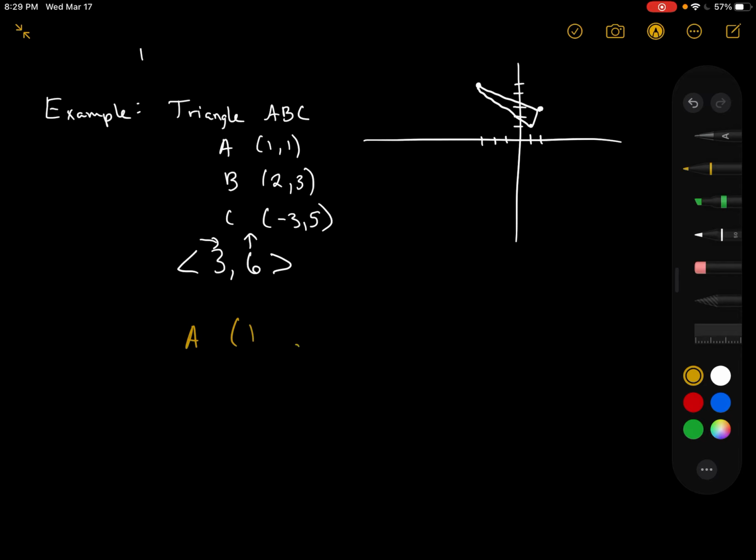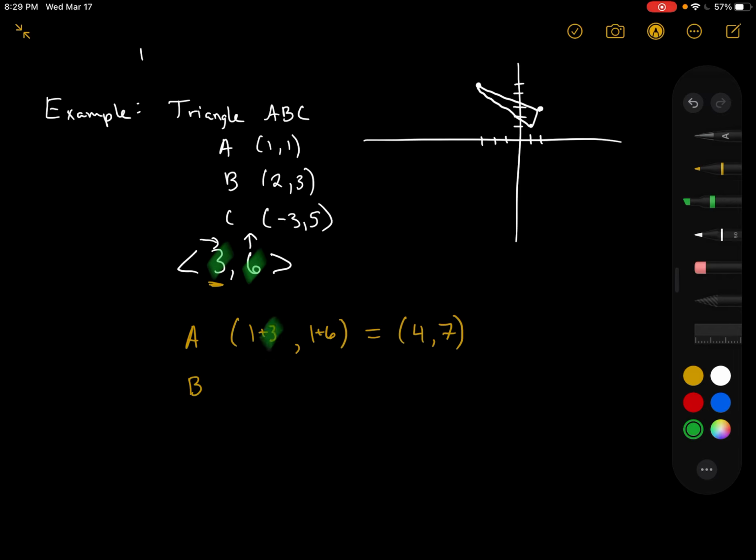What we do, I'll write this in yellow, is we take our A ordered pair and rewrite it, except next to each of these we include an additional 3 and an additional 6 to represent that translation vector. The ordered pair for A is now going to be (4, 7).